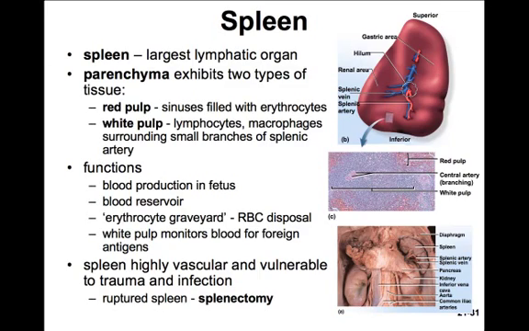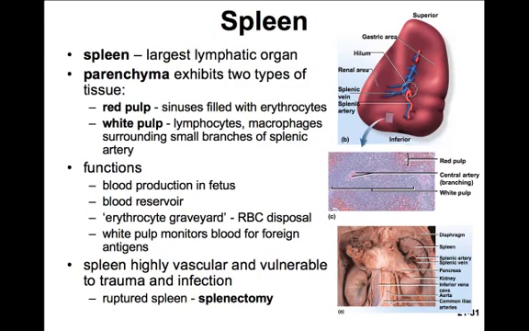Its primary function in the fetus is the production of blood. We lose that function in adults, except in the case of extreme anemia. It also serves as a blood reservoir. As these red blood cells seep out into the red pulp region, they're stored here. Now, the vessels in the spleen can get very, very small.